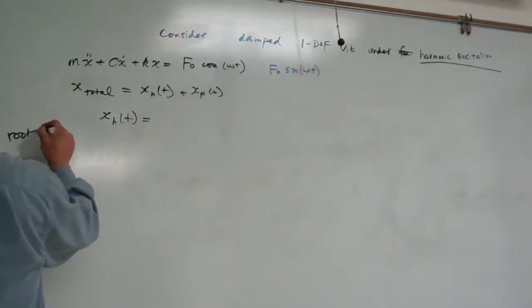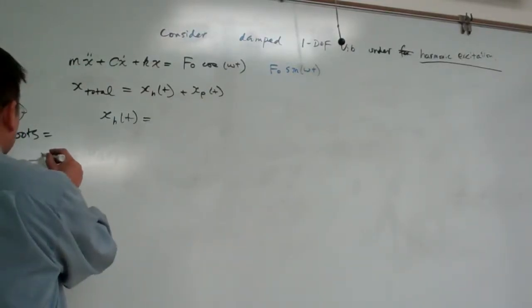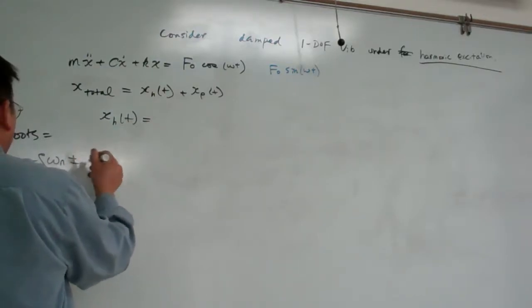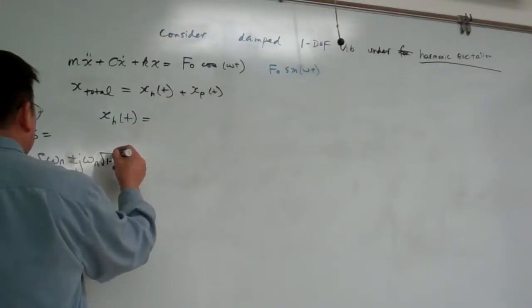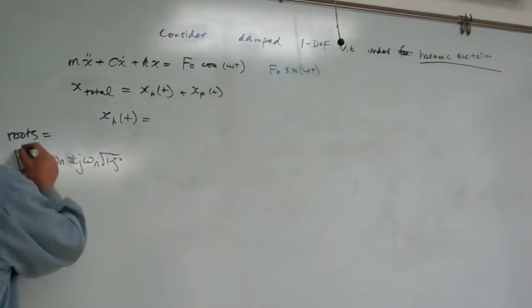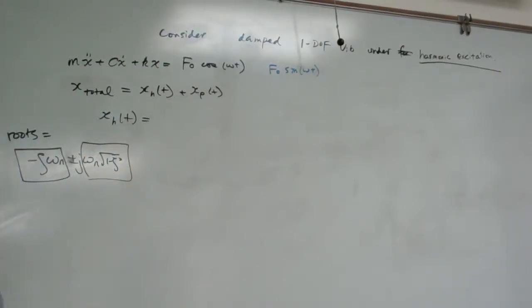The root we can express in terms of the damping ratio: minus zeta omega n, plus or minus omega n j square root of 1 minus zeta squared, right? So here is our real part, and this is our imaginary part.